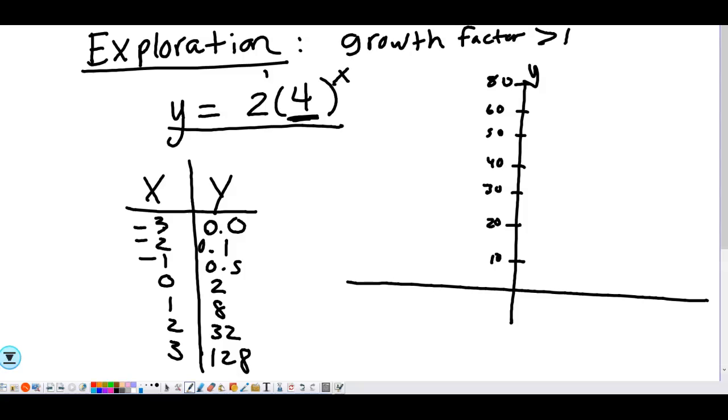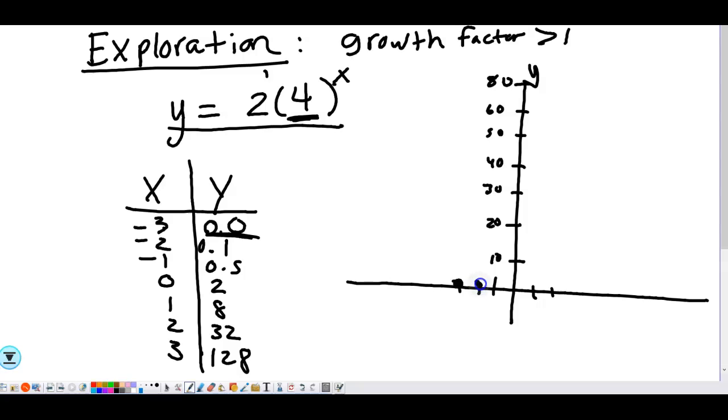All right, so let's graph it. Now was this really 0? It's so small it basically is, right? Okay, so we're going to go -3, 0. So 1, 2, 3. We're just going to put a dot right about there. -3, 0. How about -2, 0.1? You go up just a little bit after that. So -2 is going to be right here, right? And then 0.1, is that going to look any different than 0?